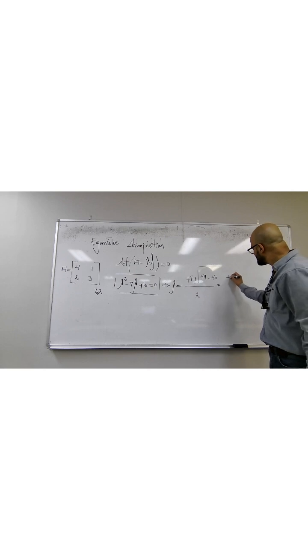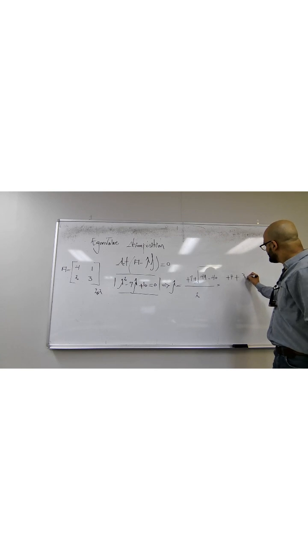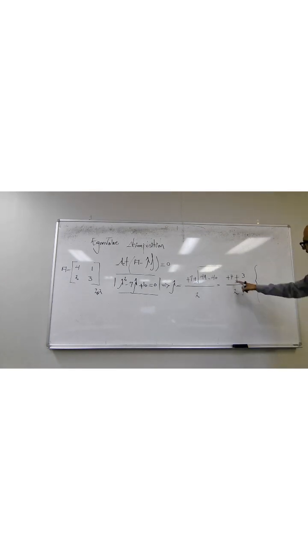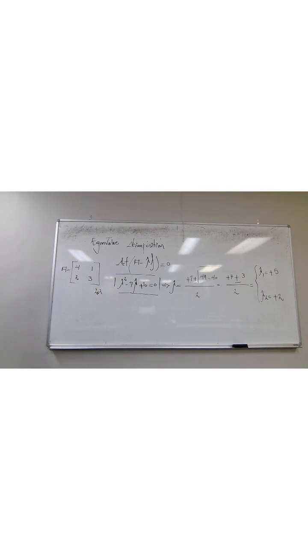It becomes 7 plus or minus the square root of 9, which is 3, divided by 2. You have one answer: 7 plus 3 becomes 10, 10 divided by 2 becomes 5. The other one: 7 minus 3 becomes 4, 4 divided by 2, then lambda 2 becomes 2. Okay, now I got two eigenvalues from this equation.